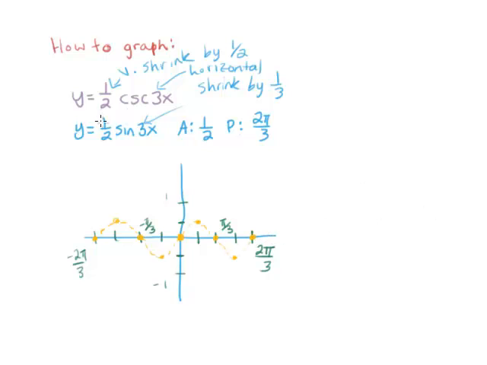Now everywhere that we go through the x-axis, we need a vertical asymptote. Everywhere that we have a low point, we need to put a down U, and every high point, we need an upward U.